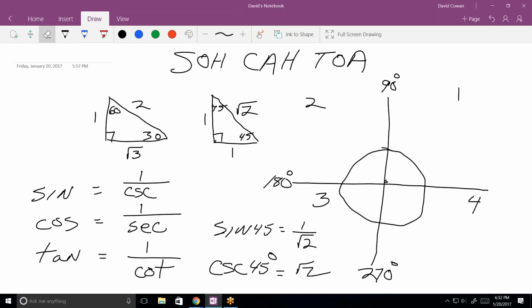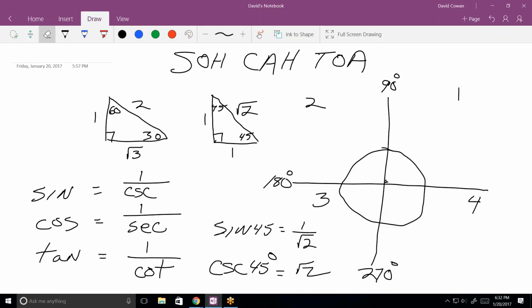Now, do we need to turn it into a decimal? Almost never. You always want to give your answers in ratio and radical format, not decimals. Root 2 might be 1.4 and change, but I'm never going to write it like that.